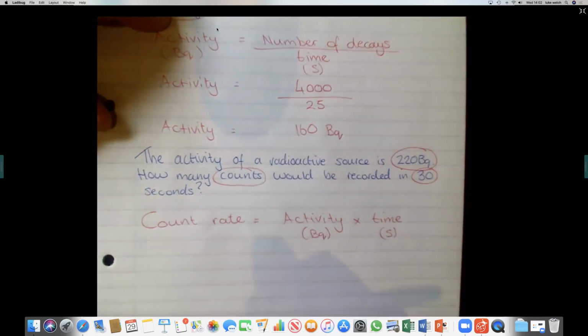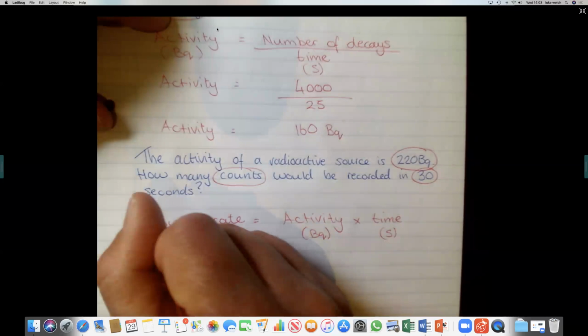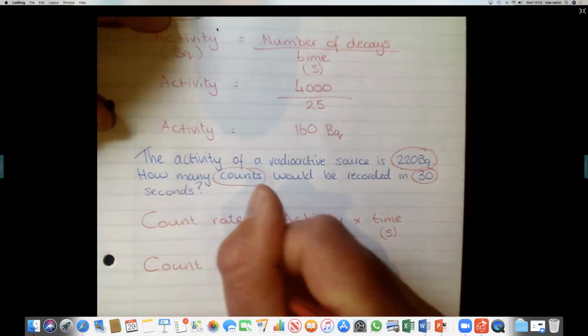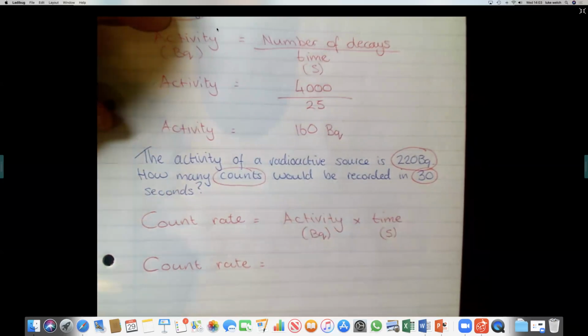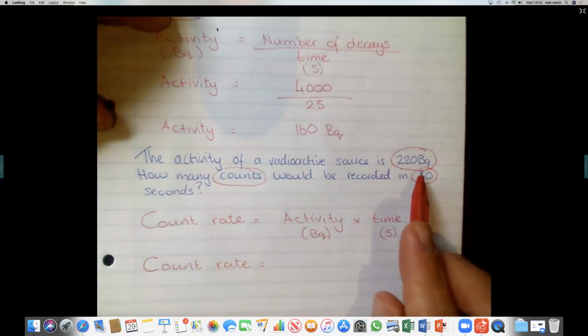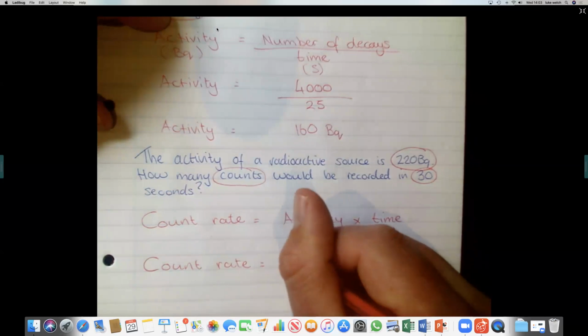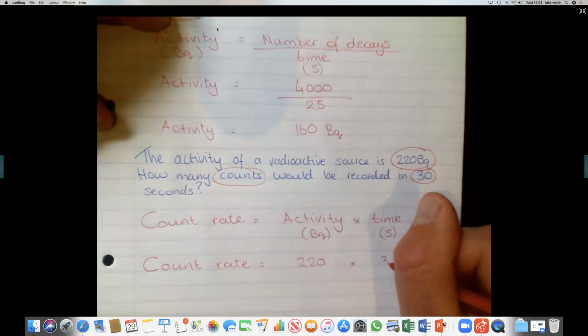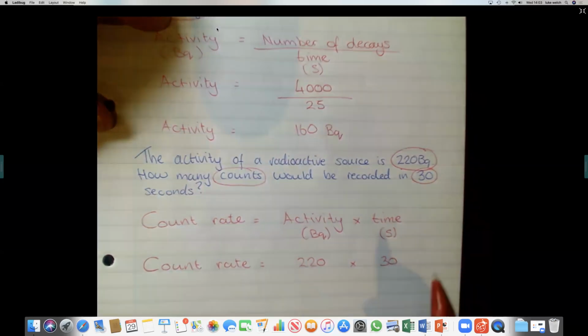Okay, and then I'm going to input my numbers from the question. So now I know the equation. That's the trickiest bit to remember. Once I know that, it's quite straightforward. So my activity in becquerel is 220, and times that by 30. This is 30 seconds.